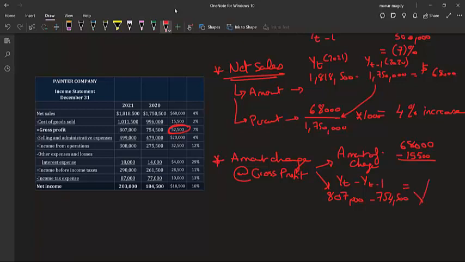Both should give you the same amount of change, equal to 52,500.